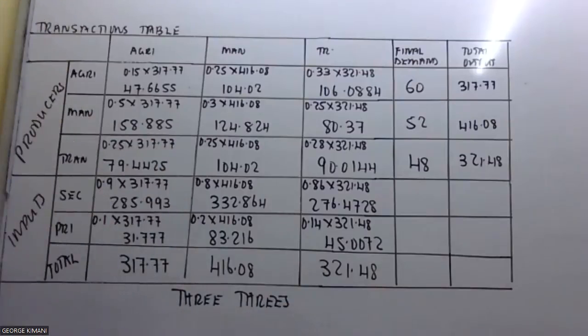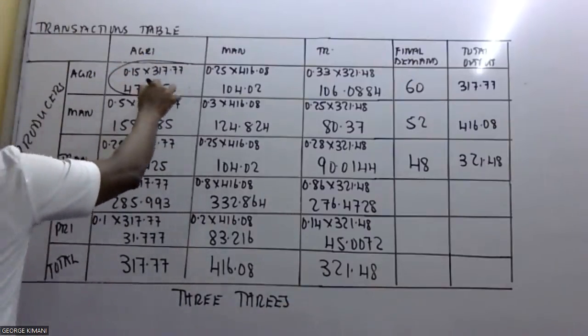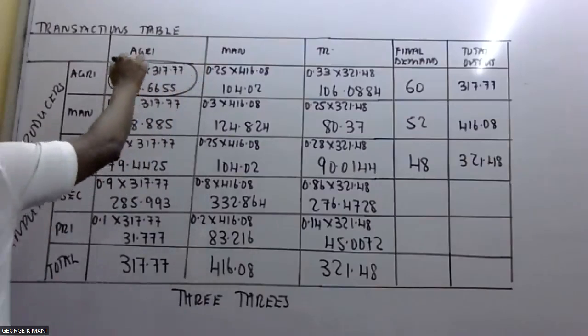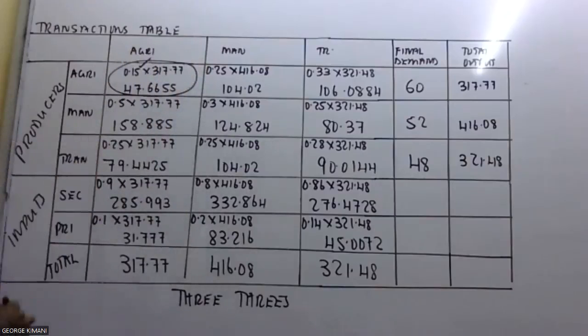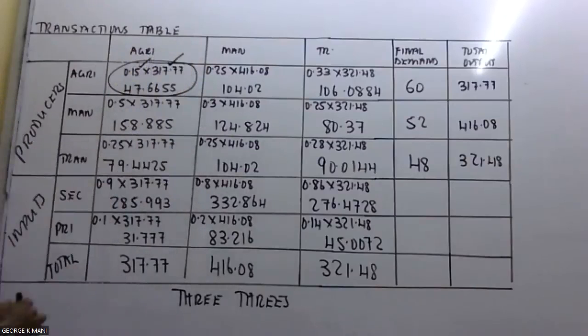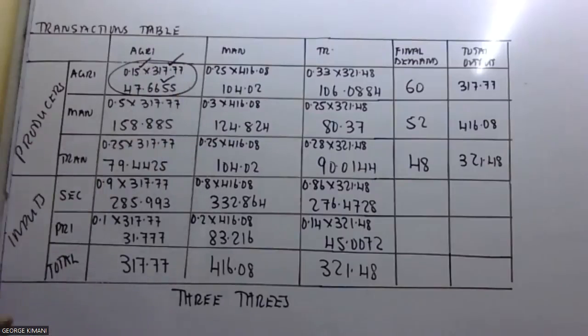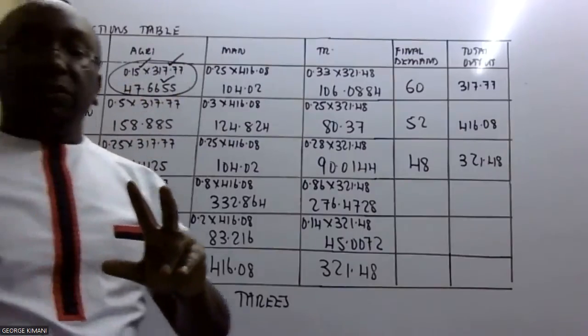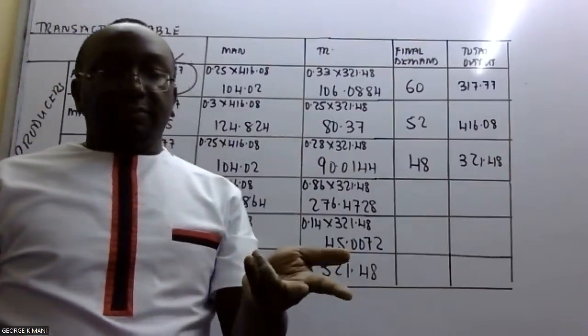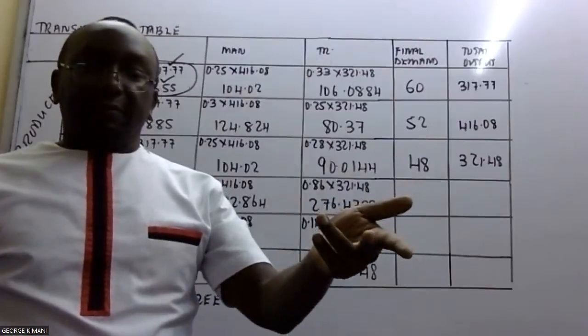The first of the three is here. This cell. These are three values. Kuna here 0.15, kuna here 317, na kuna here 47. You see that the examiner will give you two of the three. You can always get to that one.